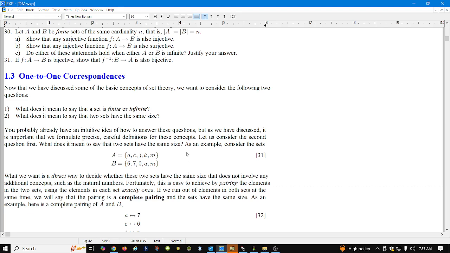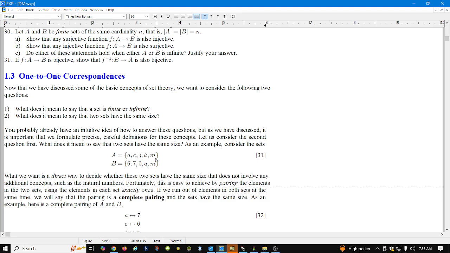So a direct method for comparing these two sets to see if they have the same size is simply to pair the elements in the two sets. One element of the set A with one element of the set B. Being careful to use each element exactly once, each element in the two sets.